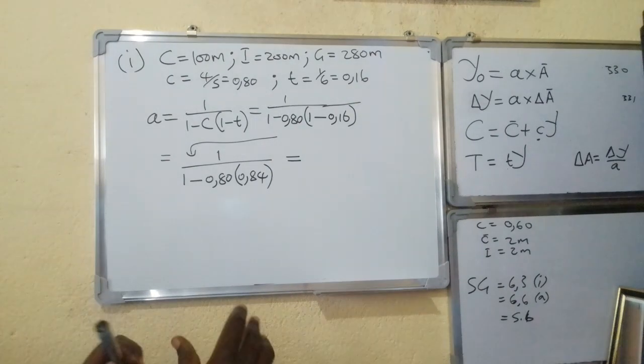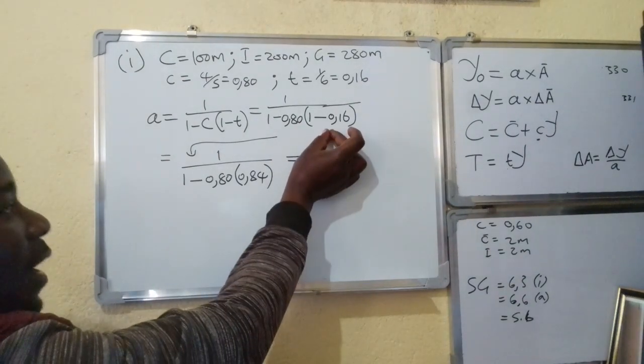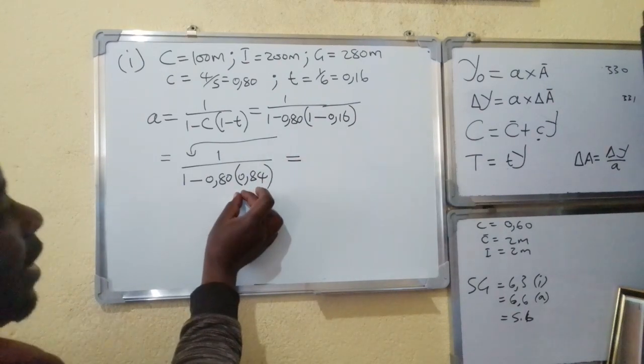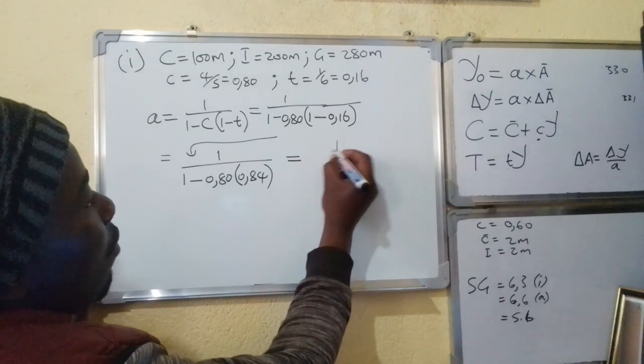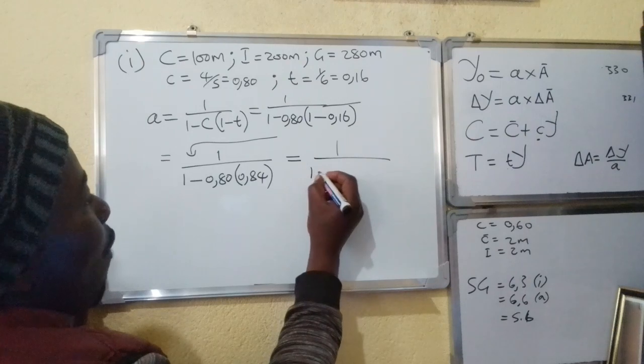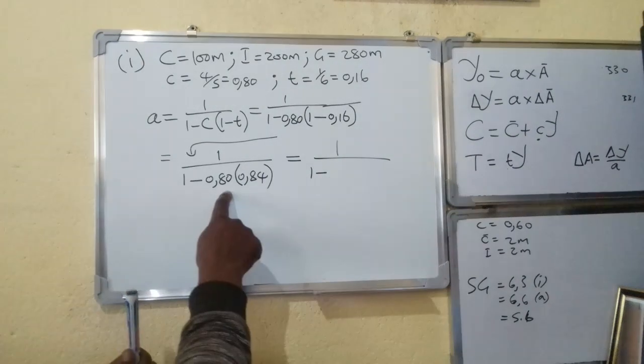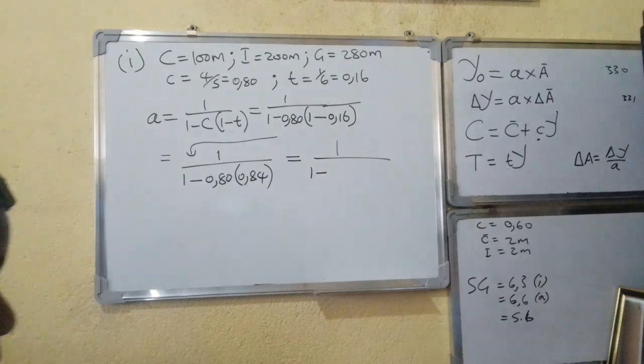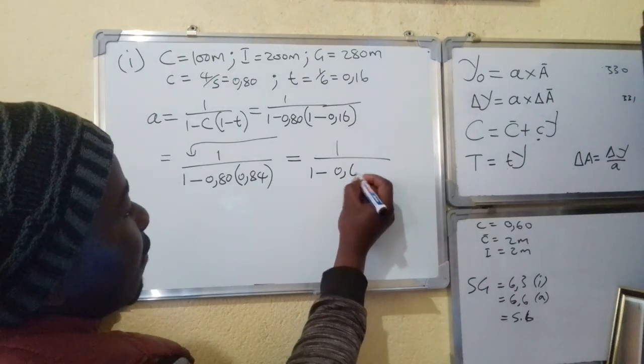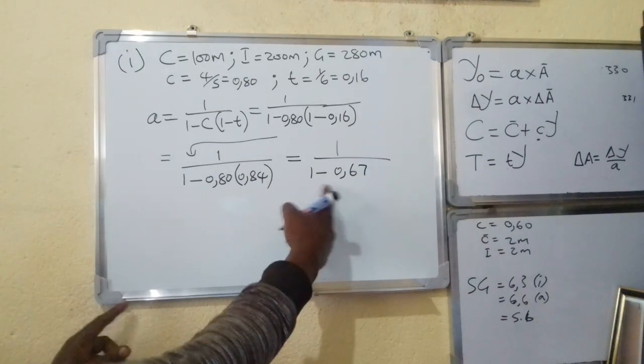But the trick here is, work inside the bracket, then open the bracket. So 1 over 1 minus, opening the bracket, 0.80 times 0.84. We have 0.67.